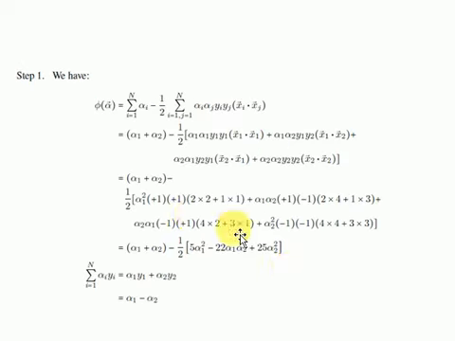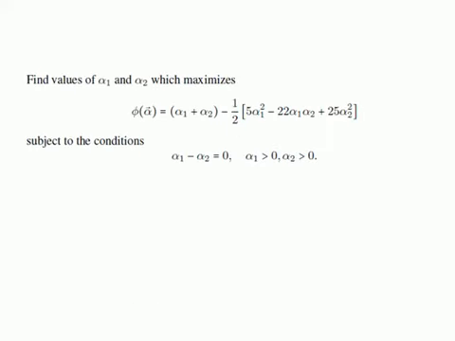Now, when we calculate and expand, we get this equation, subject to this condition, that is alpha 1 minus alpha 2. Now to maximize this, we can set this equal to 0, which makes it alpha 1 equal to alpha 2.